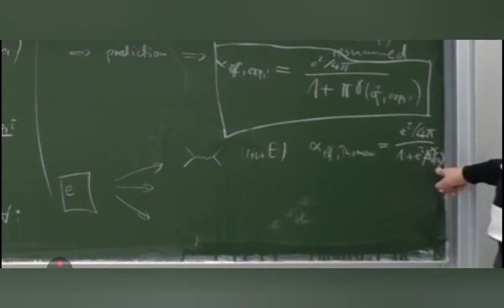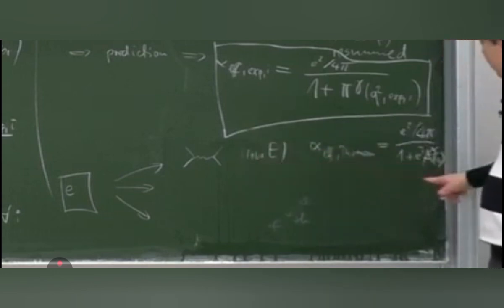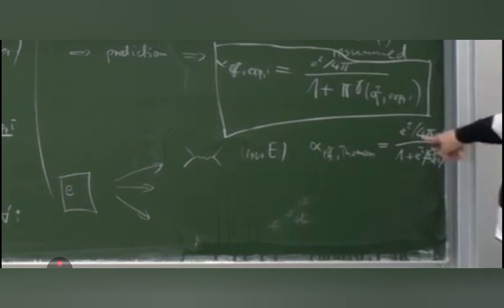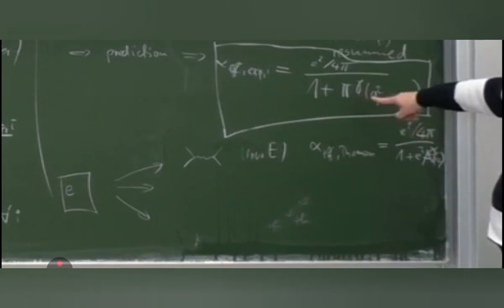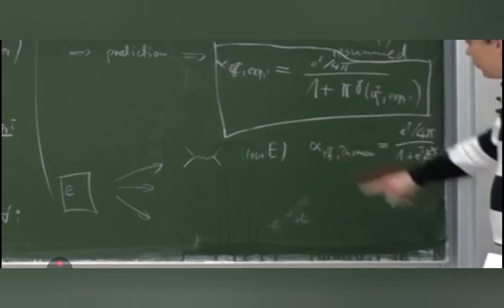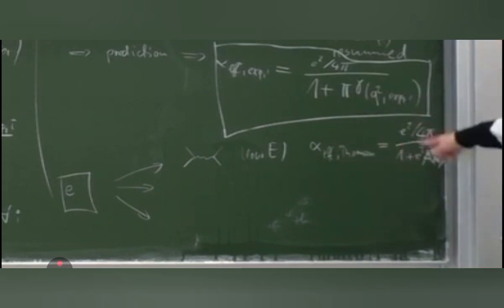So Thomson limit for some scattering processes works at 0 momentum. That was the definition of Thomson limit, and therefore we get the photon vacuum polarization evaluated at 0 momentum. So we can write this as an effective alpha in the Thomson limit given by that combination.